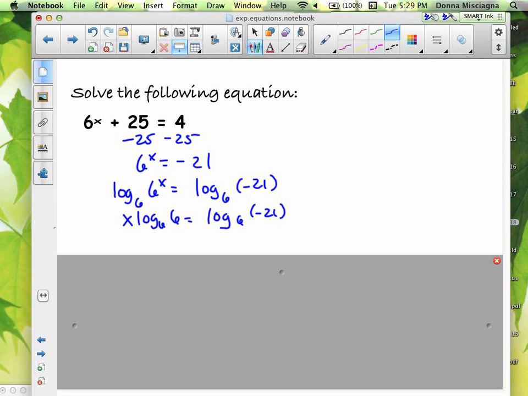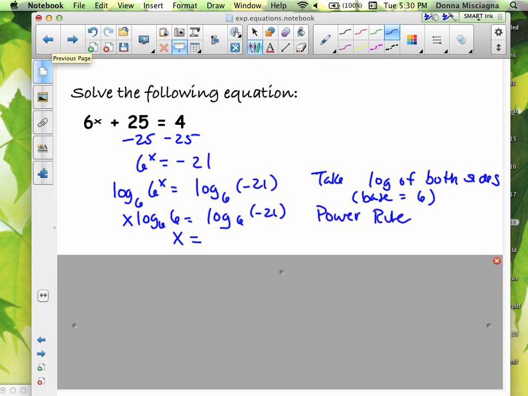All right, so now that's just going to be x equals, and now I can use my change of base formula. So with this one, we took a log on both sides, and our base was equal to 6, because 6 has the exponent on it, and then we use the power rule.